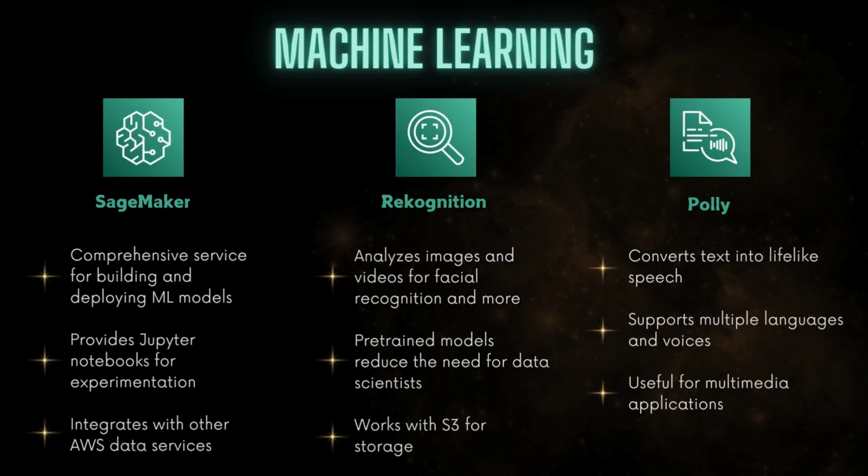So first, SageMaker. Build, train, and deploy machine learning models, even if you are not a data scientist. Next, Rekognition. Add image and video analysis into your app, like detecting faces or objects. And finally, Polly. Convert text into natural-sounding speech for audiobooks, apps, or anything voice-related.